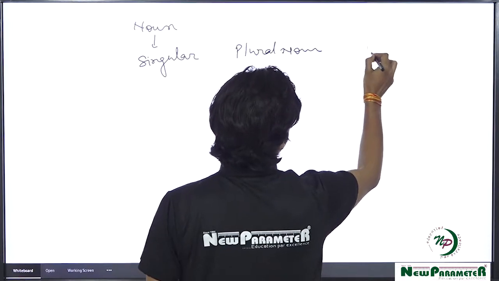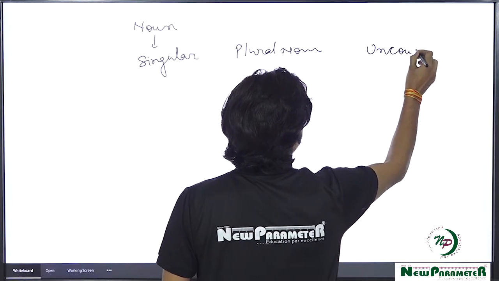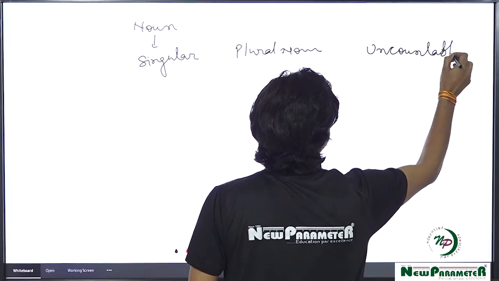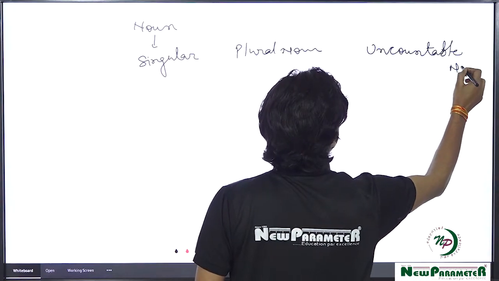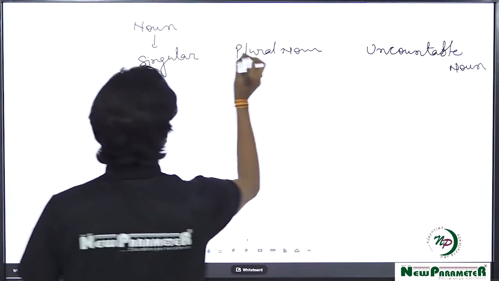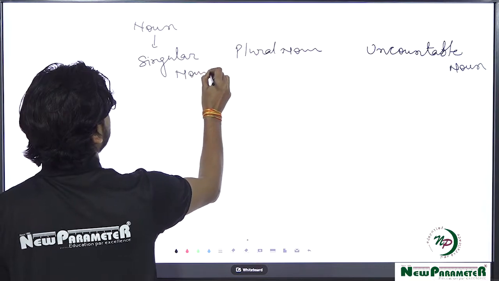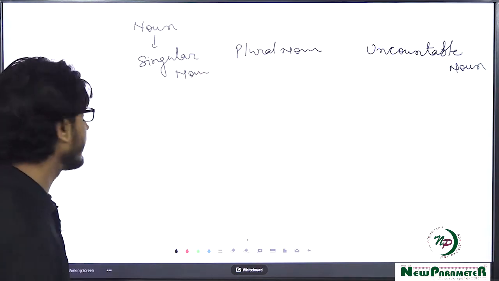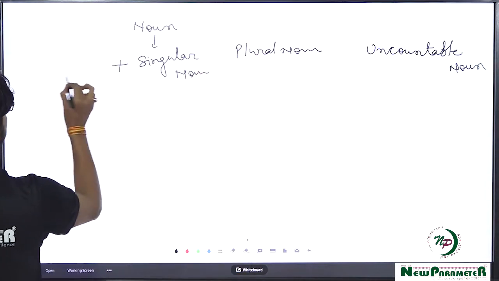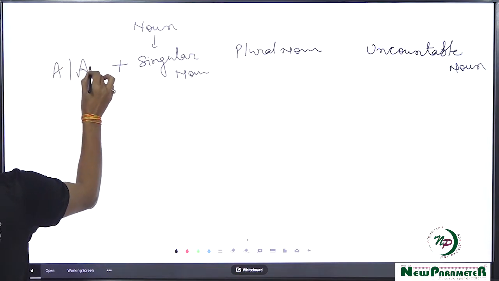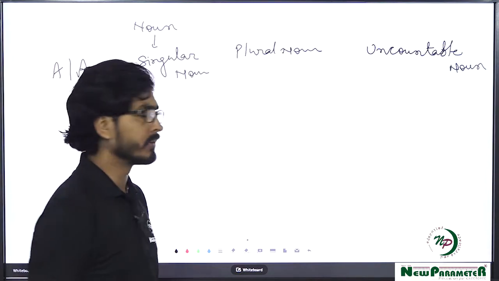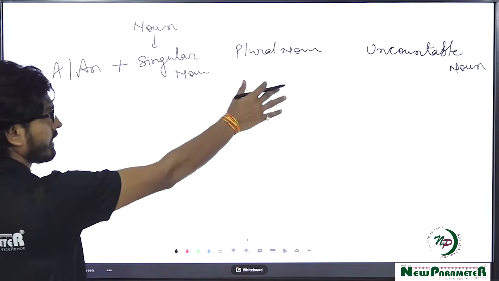And thirdly, uncountable noun. Singular noun, plural noun and uncountable noun. If I have to put "a/an", you know very well, "a" and "an" give you the sense of a single thing, so it is very clear.